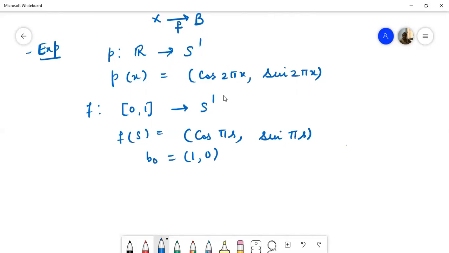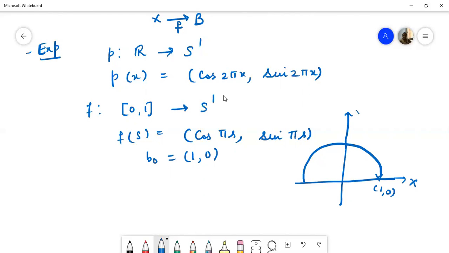So diagrammatically we can say that this path F is basically this. It starts at the point (1, 0), now this is the x-axis, this is the y-axis, and as the domain goes from 0 to 1, the path goes from this point (1, 0) to the point (-1, 0), because the path is given by F of s equal to cos pi s, sin pi s.